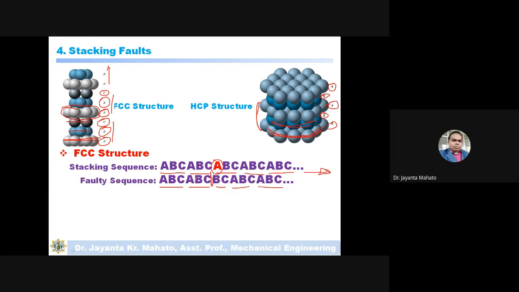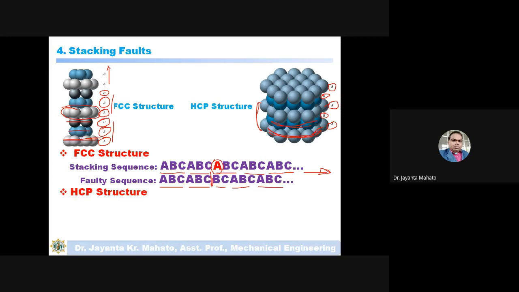So there is a faulty sequence, meaning a breaking of the regular arrangement of planes of atoms.